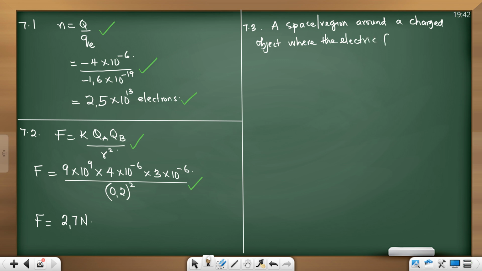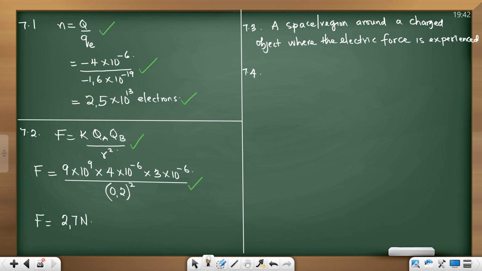I did specify the difference between the two, electric force. Please, very, very important that we know the difference.